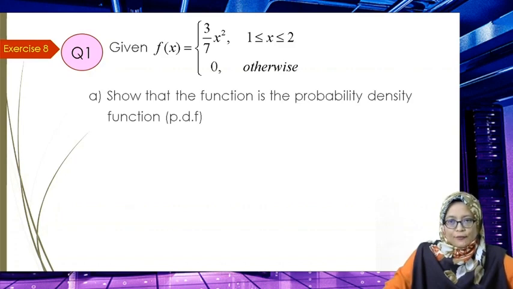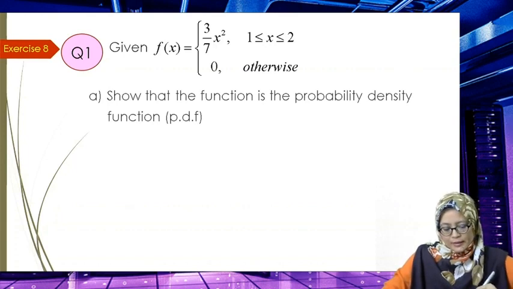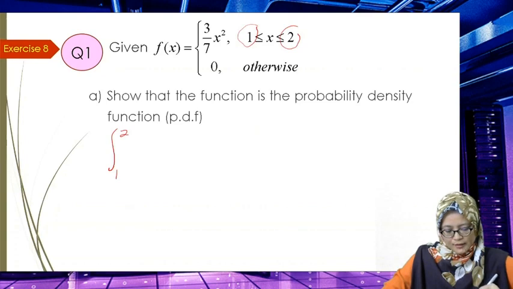So you have to integrate for this function, from 1 to 2 for the function 3/7 x squared. So 3/7 is a constant, so you boleh keluarkan dia punya constant 3/7. So ia akan integrate x square dx.